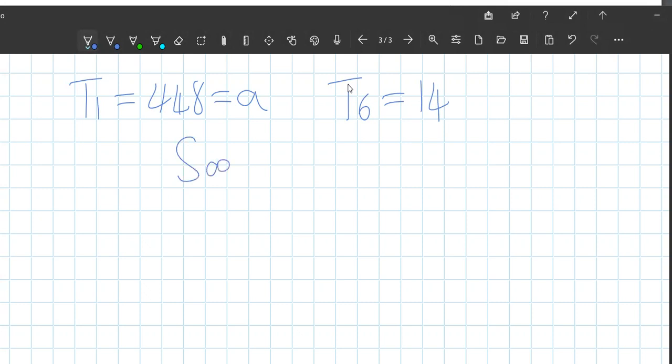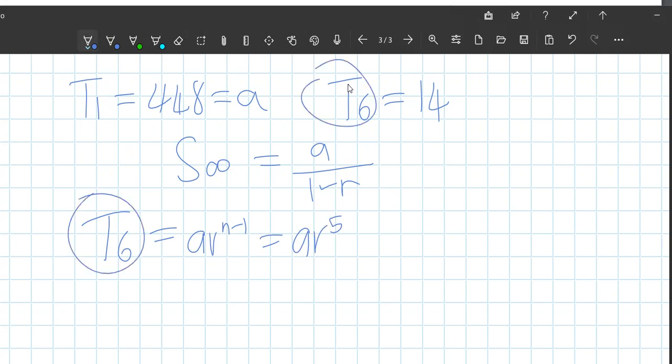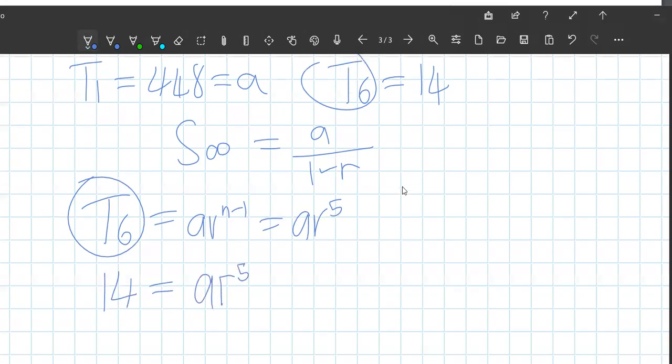This sum to infinity formula is for geometric, A over 1 minus R. We can already see, since it's geometric, that T6 is equal to AR^(n minus 1), which is 6 minus 1, which is AR^5. We know that T6 is equal to T6, so we can immediately say that 14 is AR^5.